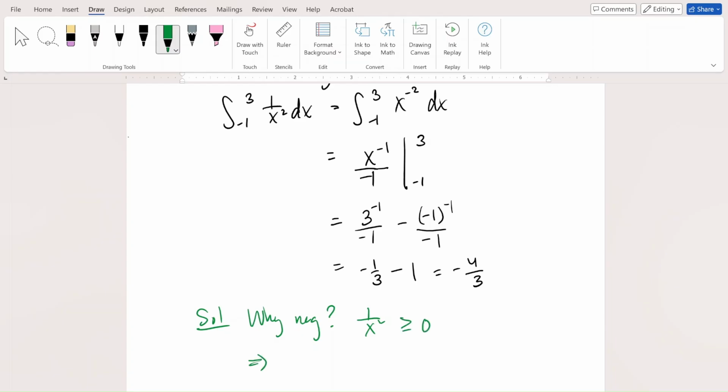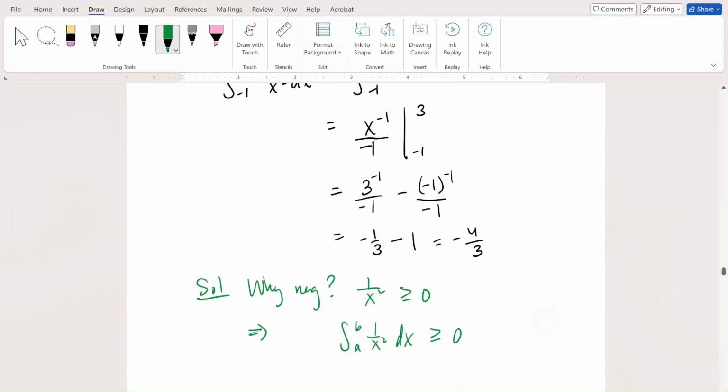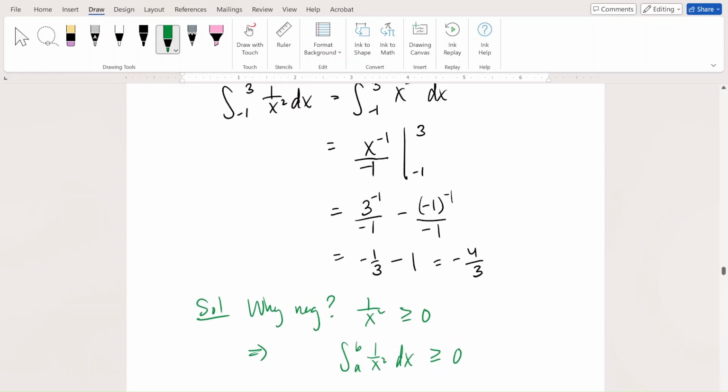So we know by one of our properties of integrals that the integral of 1 over x squared from a to b dx should also be greater than or equal to 0, because your function is always greater than or equal to 0. So that's already a part that makes us question why this is wrong.